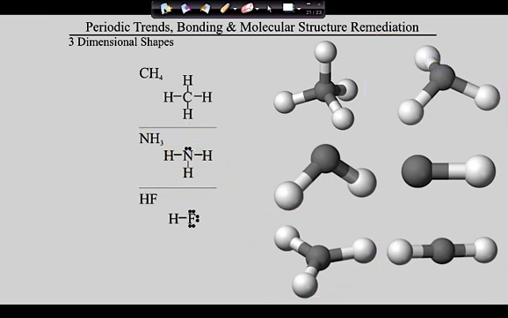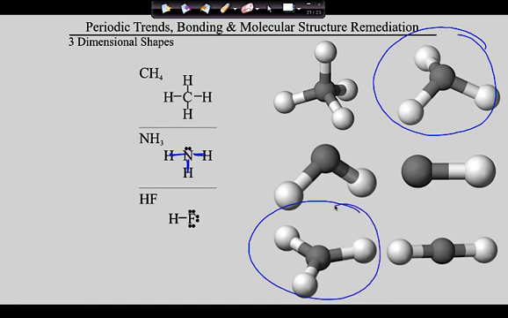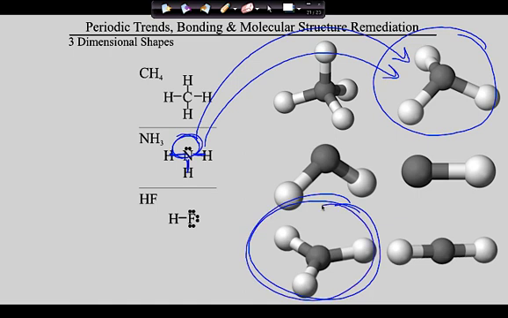But the bottom line is this guy has got 1, 2, 3 bonds. This has 3 bonds. The bottom left has 3 bonds, but we know that it's the one in the top right because this unbonded pair of electrons bends this guy down. The one in the lower left is not bent down, meaning it can't be that.